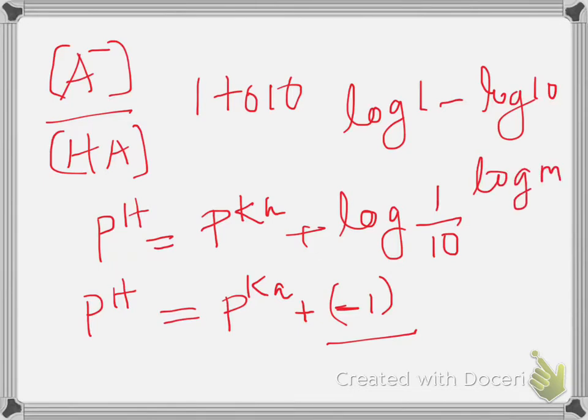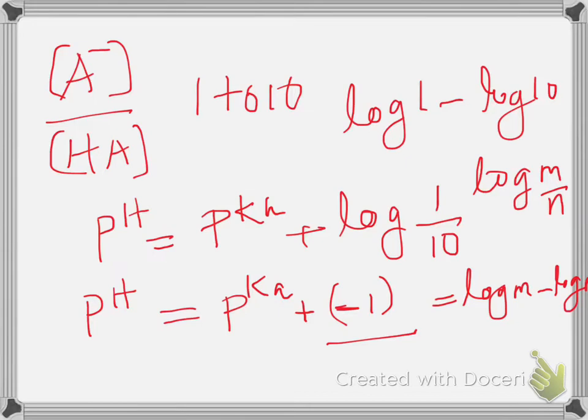This is based on the rule that log m by n is log m minus log n, so log 1 by 10 is log 1 minus log 10, which gives minus 1. So pH equals pKa minus 1.